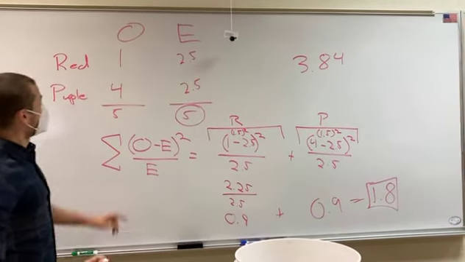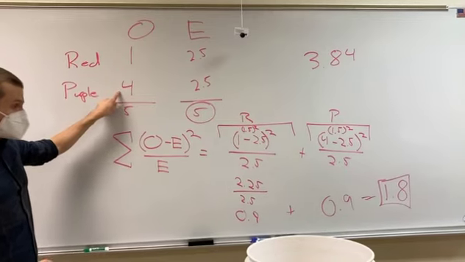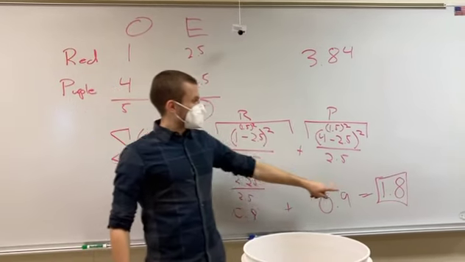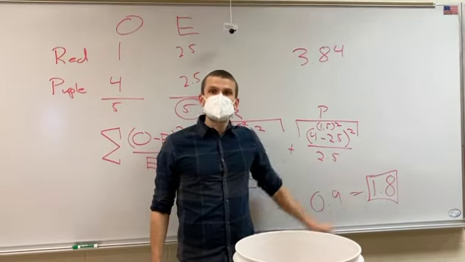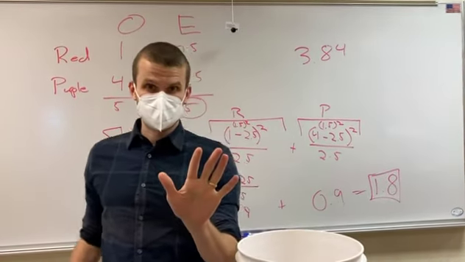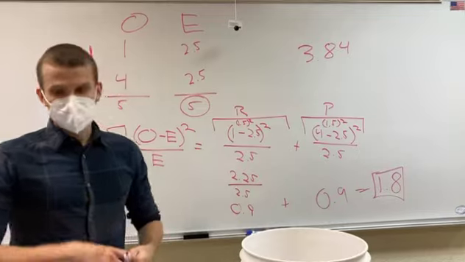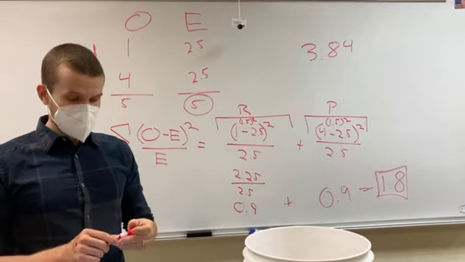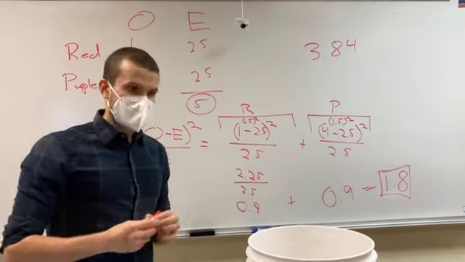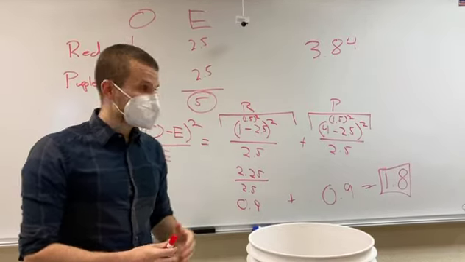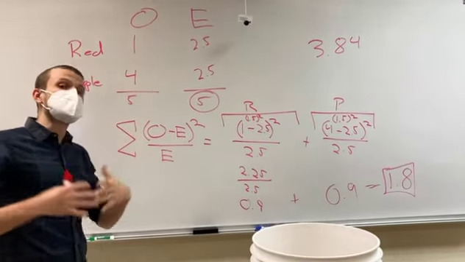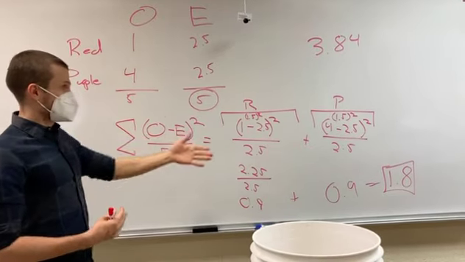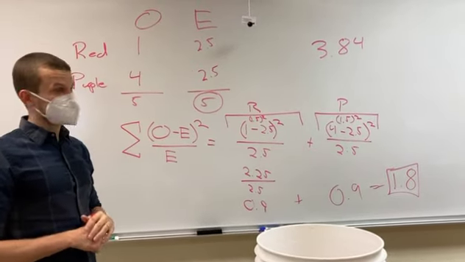So even though we pulled 1 red and 4 purple, it is likely to happen in a 50-50 bucket because we only had 5 pulls. I'd encourage y'all, you can do one of these at home. If you only have a small number of pulls, like 5 pulls, the chi-squared statistic is robust to still not be able to reject the hypothesis.